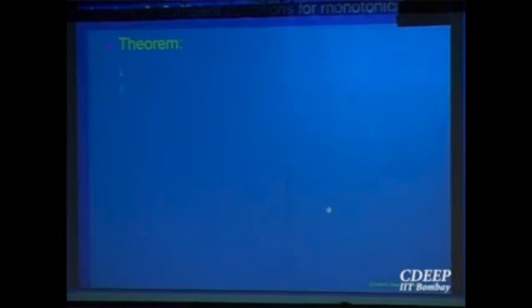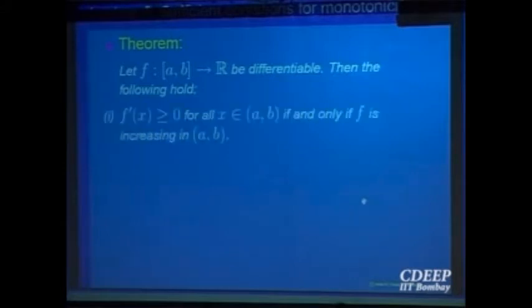And the theorem says the following: supposing f is a differentiable function with the property that the first derivative exists, the function is given to be differentiable, and the derivative is non-negative at all points in the open interval AB.